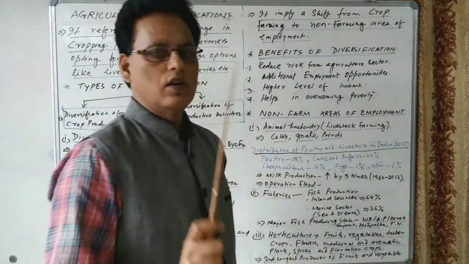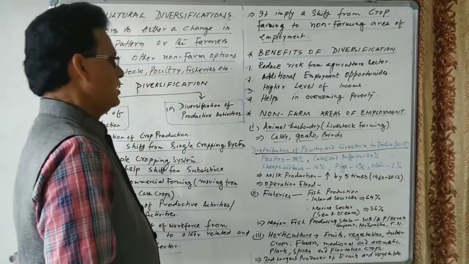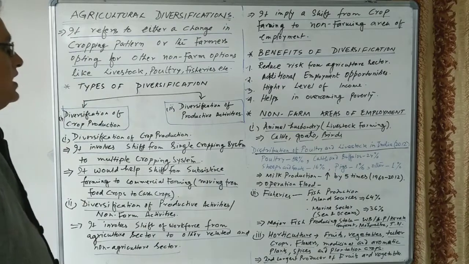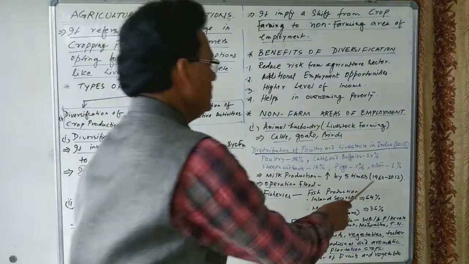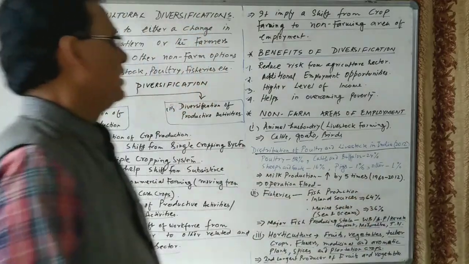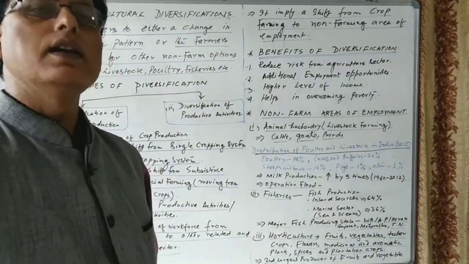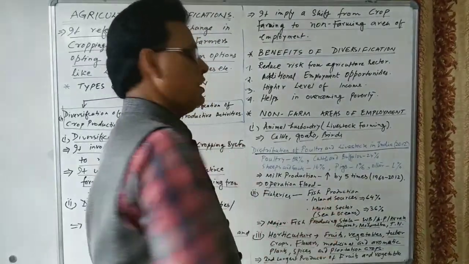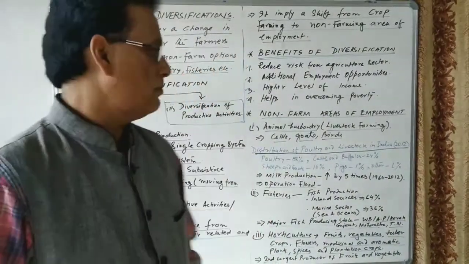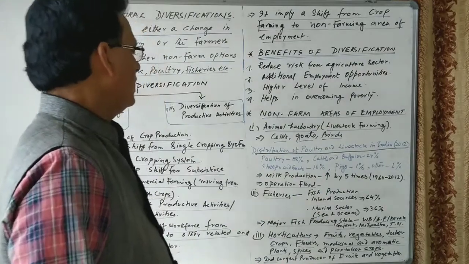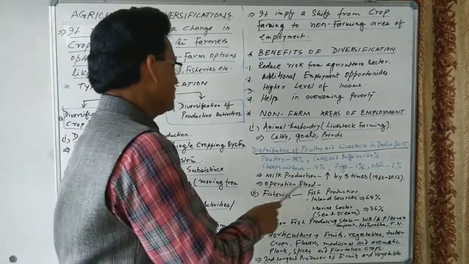If we see the production of milk in our country, from 1960 to 2012 the production of milk has increased by 5 times. How many times? 5 times. It is because of Operation Flood.